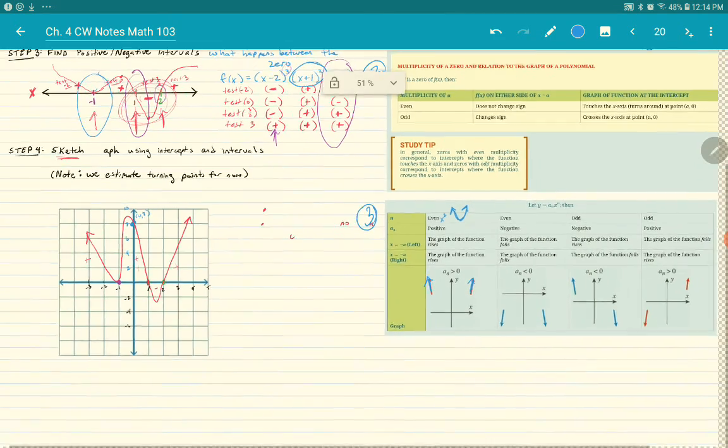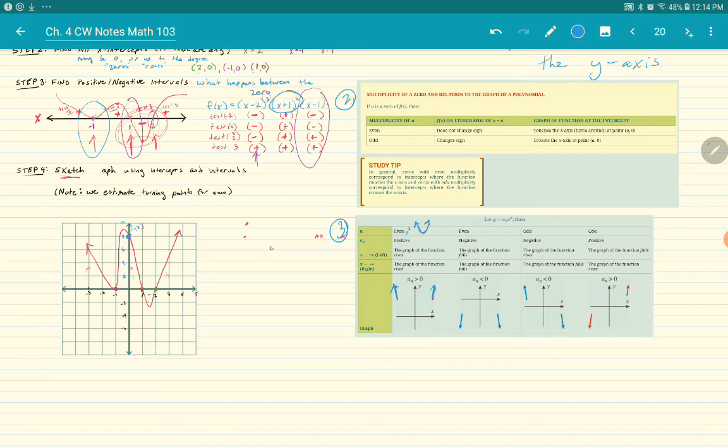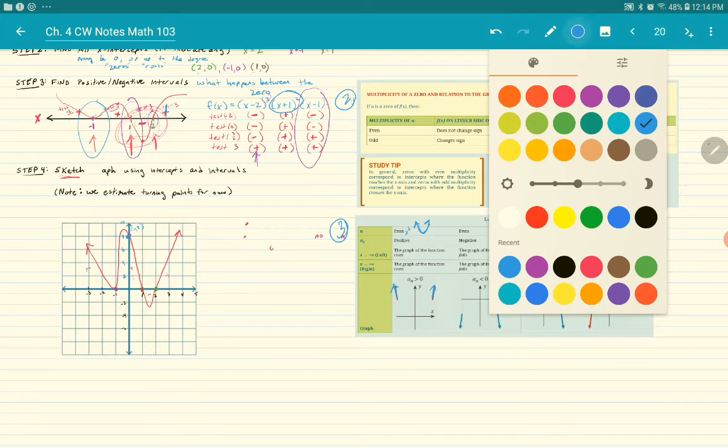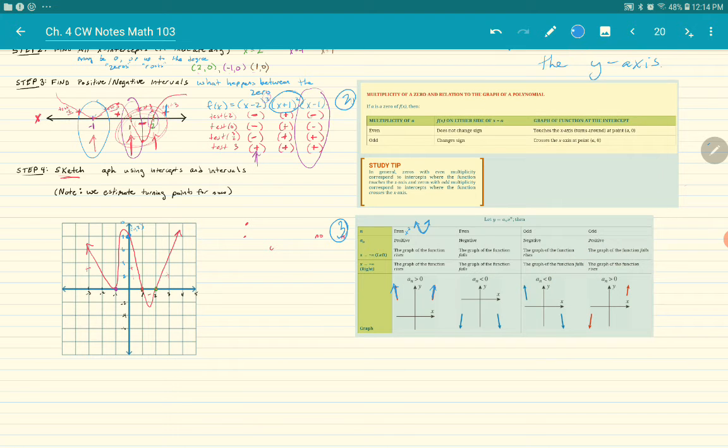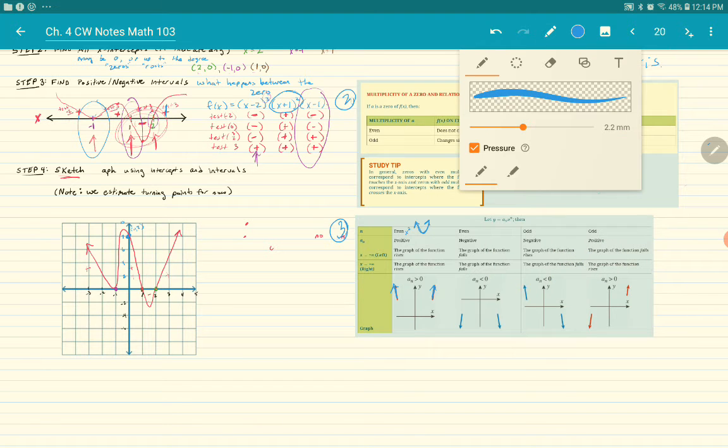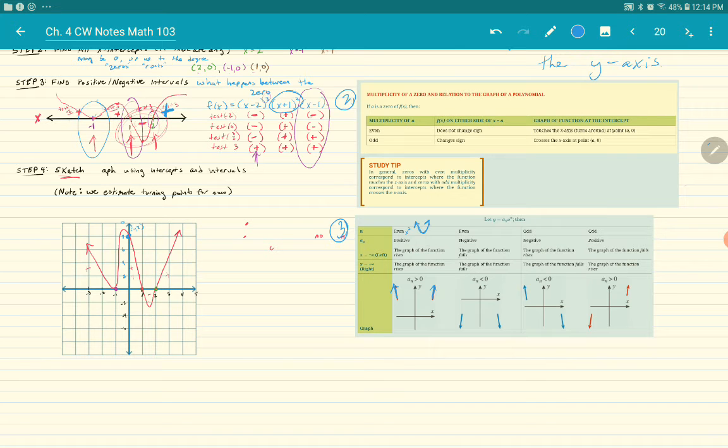That corresponds to these end intervals over here. This plus over here and this plus over here are because this function has a degree of 6, that's even, and the leading coefficient a has a positive in front, so that means that it's even and increasing. So it has that same end behavior as a parabola.